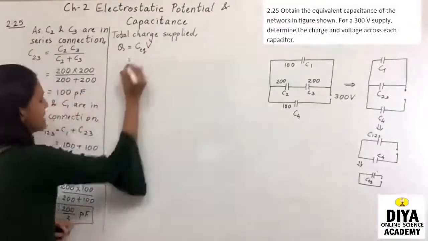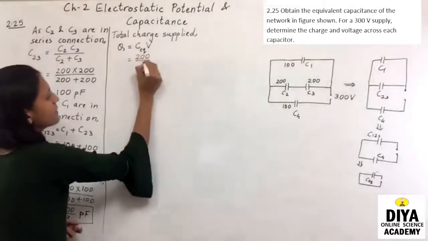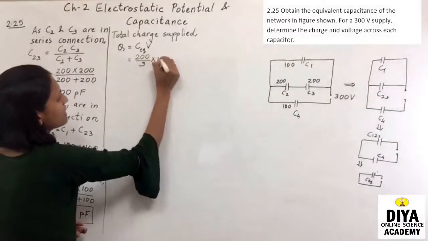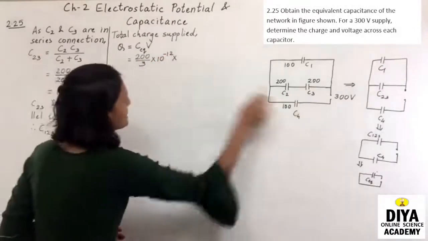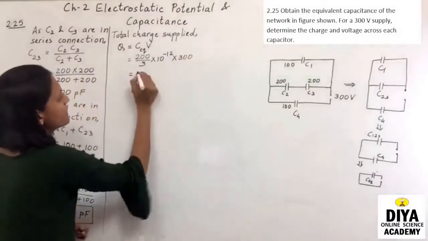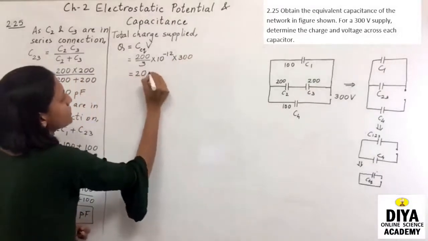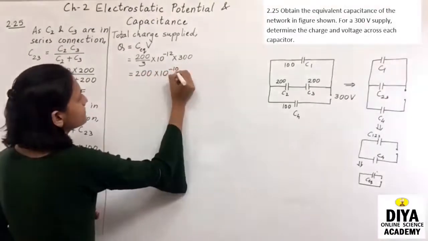So C equivalent is 200 by 3 picofarad. So 200 by 3 into 10 raised to minus 12, and voltage is 300. So the answer would be 200 into 10 raised to minus 10.